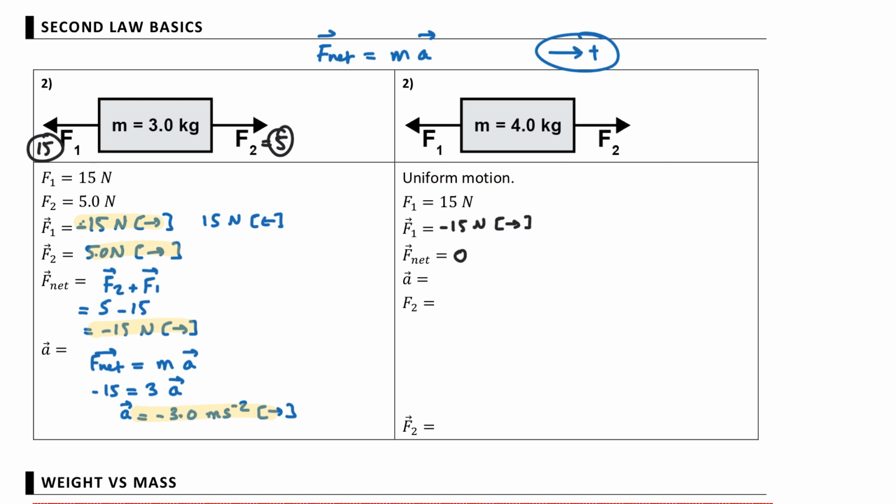Acceleration, if it's uniform motion, that means its velocity isn't changing, and therefore acceleration is also 0. So this is 0 Newton right, this is 0 meters per second squared to the right.